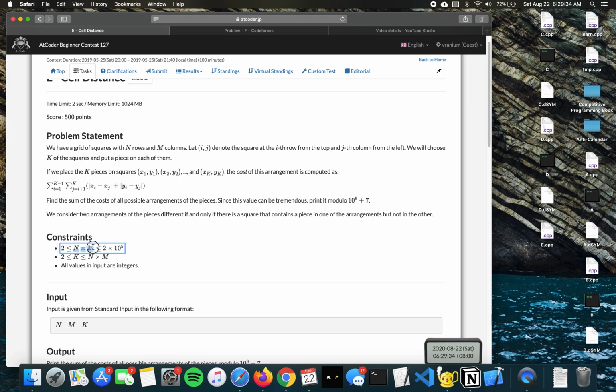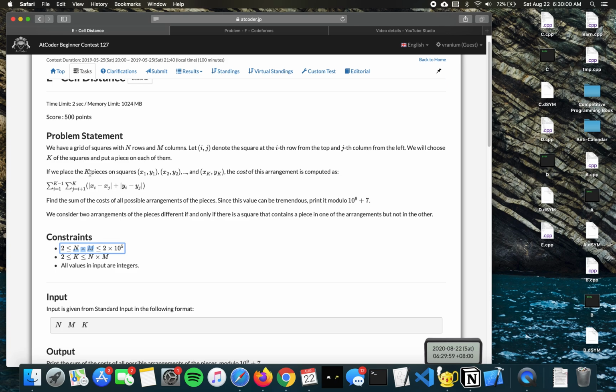Because out of the nm points we fixed 2, so we're left with nm minus 2 points, and from those we have to choose k minus 2 of them, because again we fixed 2 of the k points. And we can do this for each pair. So for each pair there are nm minus 2 choose k minus 2 ways to pick the other points.